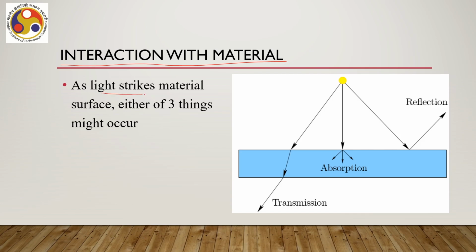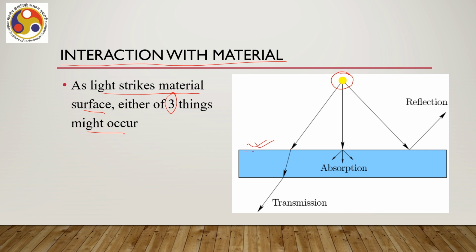As light strikes a material surface, either of three things can occur. Now, these three things we can visualize in terms of light as a ray, as shown in this figure. So, this is the source of light, and we have shown the light rays using arrows in this figure. So, this is the material surface.